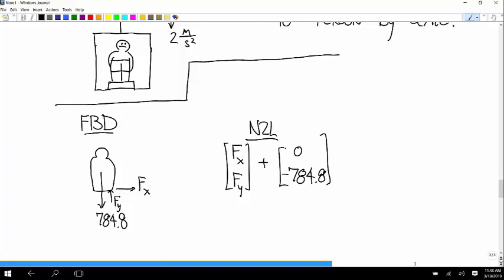What changes is just the force that the scale applies to your feet. Gravity still pulls the same. Equal to the mass times the acceleration of the person. And what's the acceleration of the person this time? 0, negative 2. Yep. With the elevator, the person's accelerating down at 2 meters per second squared.